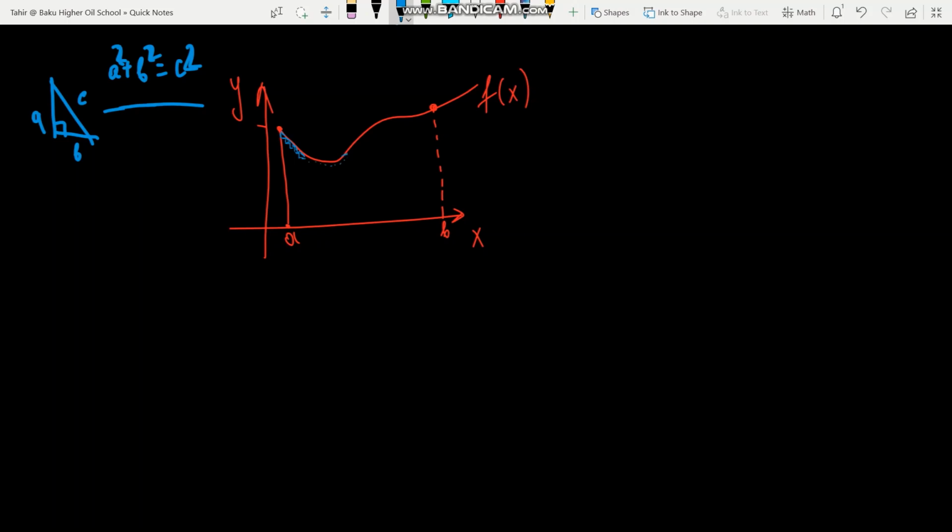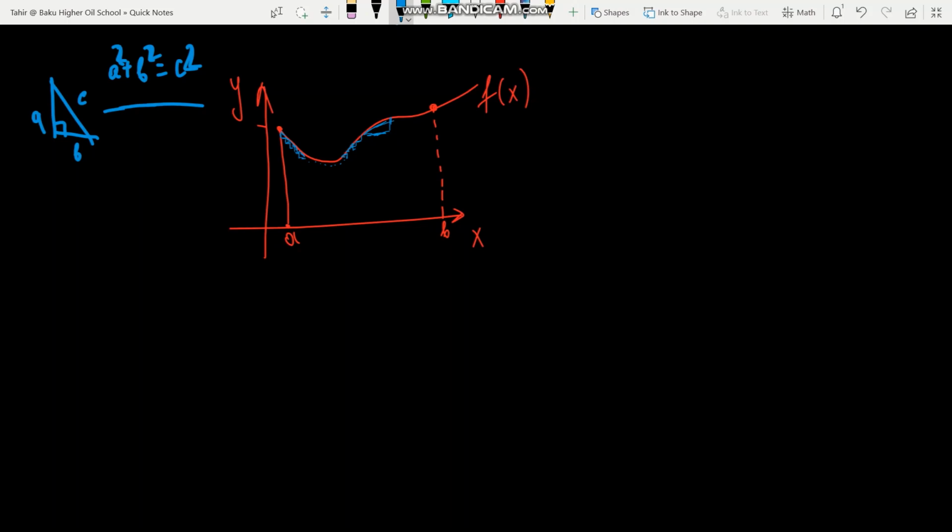Let's continue to draw the triangles up to a certain point, and let's draw one a little bit bigger here to analyze how we find the length.